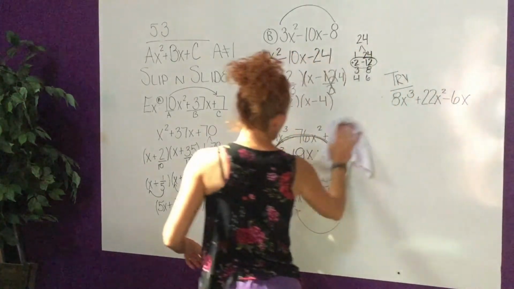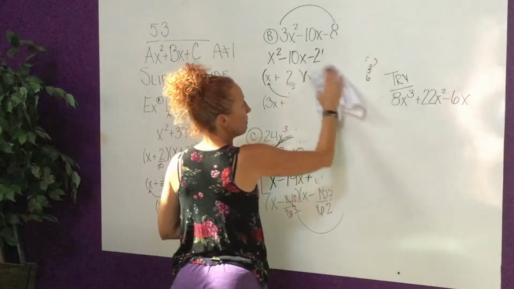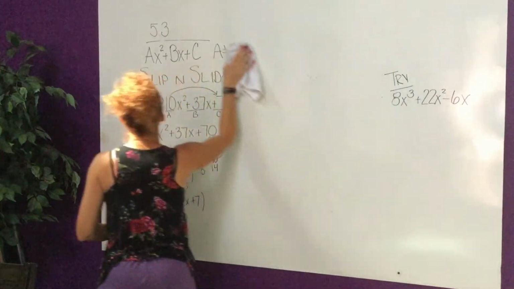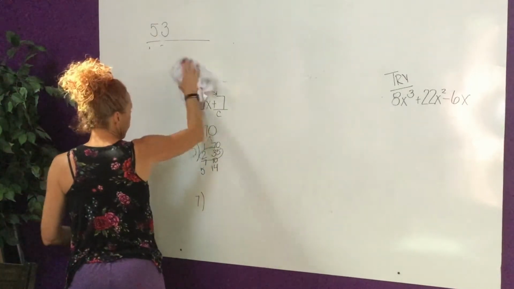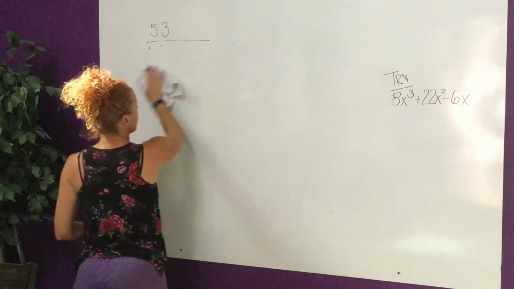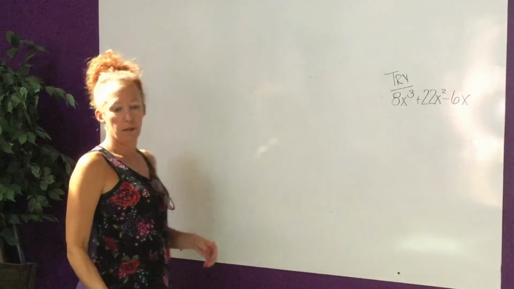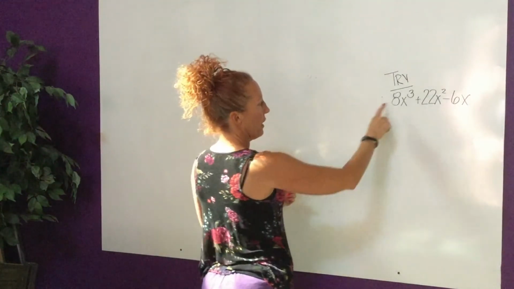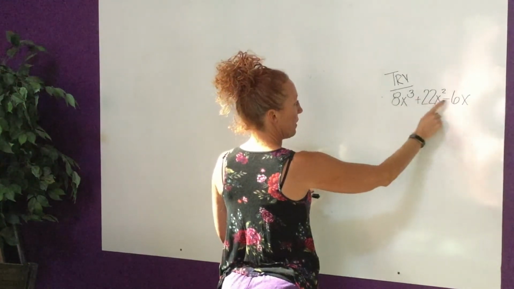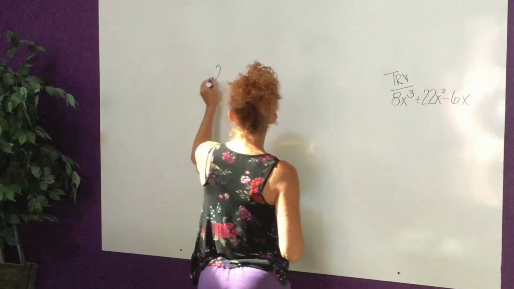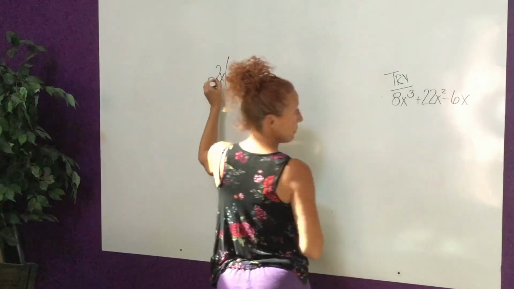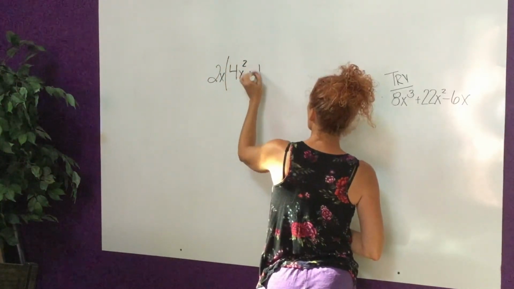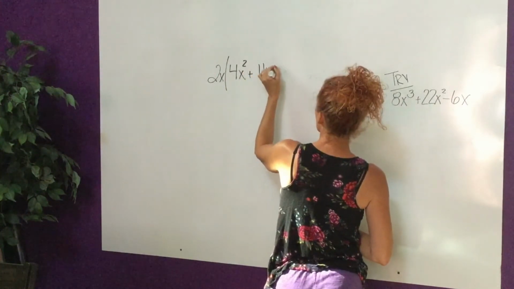All right, let me clean this up, and you guys try that one. So is there a GCF? Yes, there is. So I'm going to pull not only a 2 out from all 3, but I'm going to pull that x out. So I'm going to have 2 and then the x, oops, almost forgot them, 4x squared plus 11x minus 3.